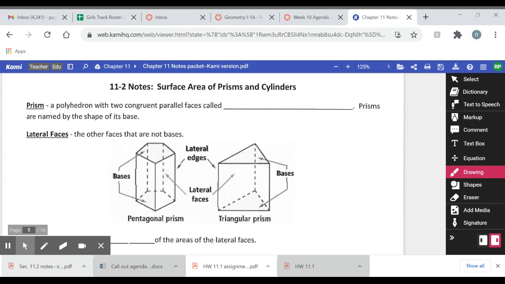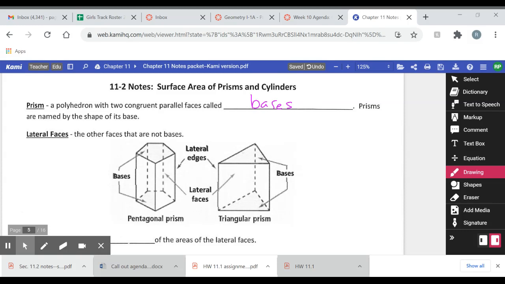So first of all, a prism is a polyhedron with two congruent parallel faces called bases. And prisms are named by the shape of its base. If we look at these two examples down below here, again, any polygon can be the base. It can be a hexagon, a pentagon, a triangle, a square, a rectangle.